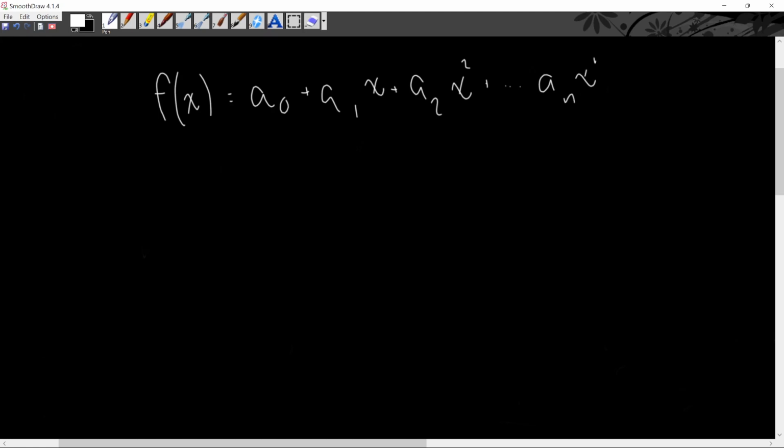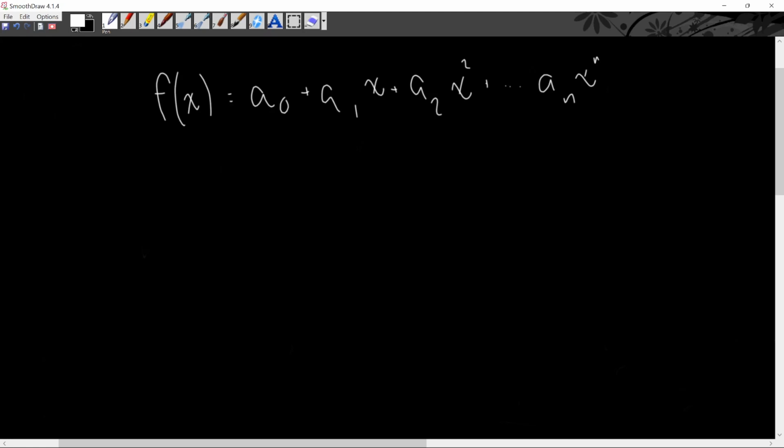Let's define a function f of x equal to a0 plus a1x plus a2x squared plus, and on and on, until you get to a sub n x to the n. We're going to say that this is a function because that's what we are slowly building towards.